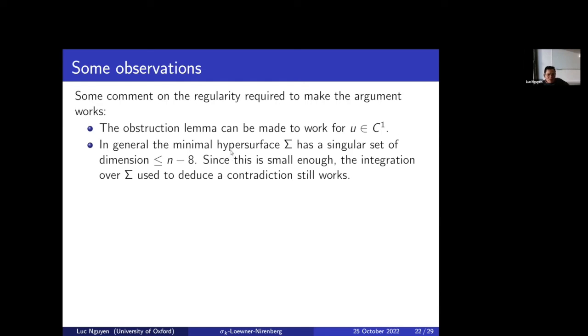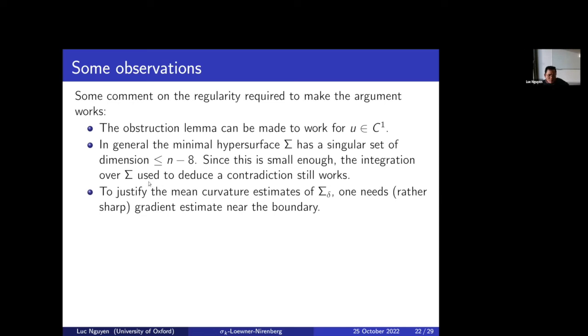We assume in the obstruction lemma that the hypersurface sigma is C2, but in general, in the construction of minimal surface, there might be a singular set. But because the singular set has relatively small dimension, the integration by parts trick could still work and get a contradiction. That's not an issue. I mean, it's something we have to do, but that's more of a technical point.